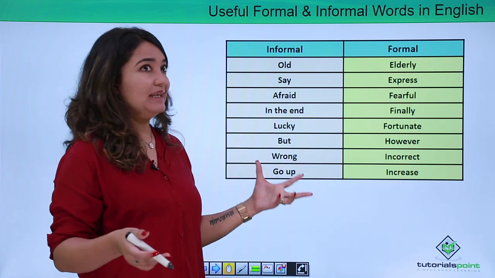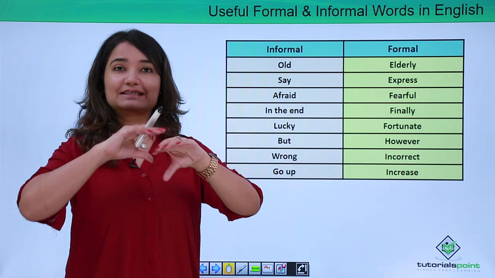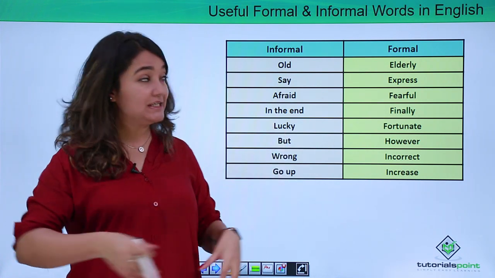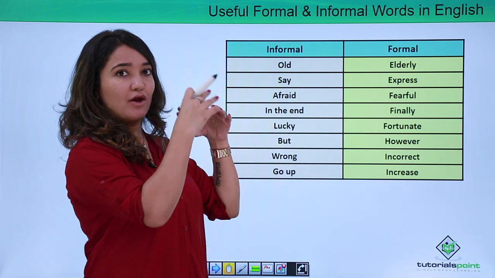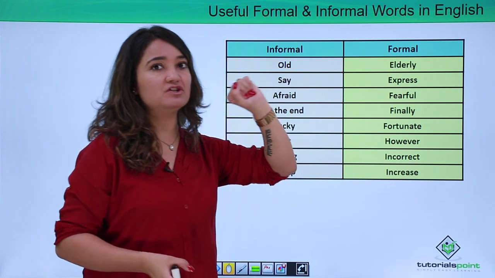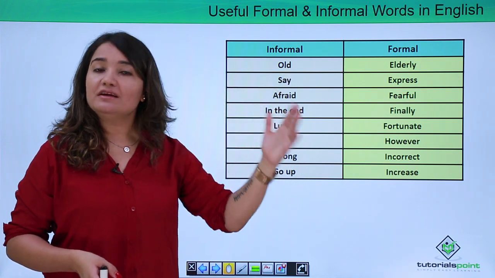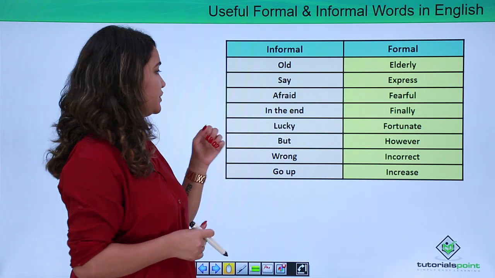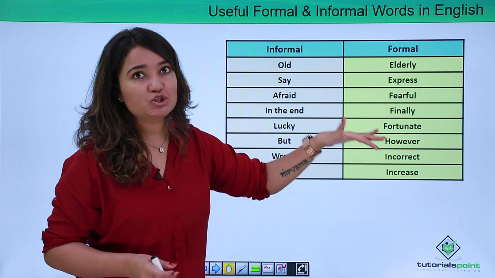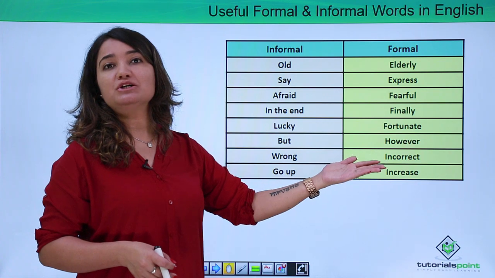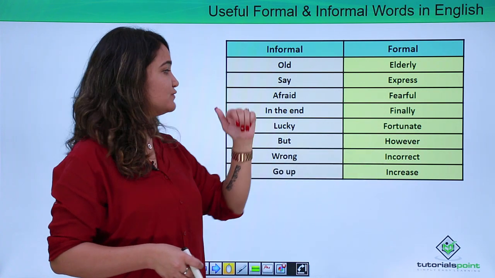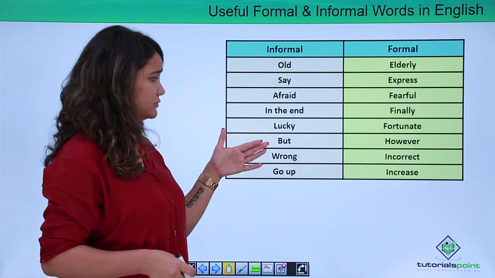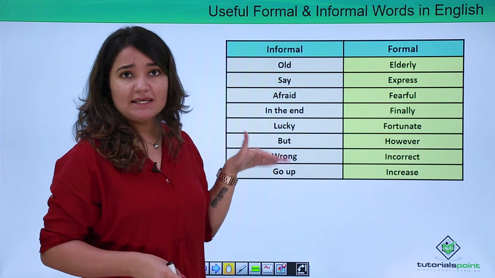Okay, in the end. In the end is put into one crisp word, which is finally. Finally, we happened to reach our goal on time. Lucky, fortunate. The polished, formal version is fortunate compared to lucky. Same goes with but and however.